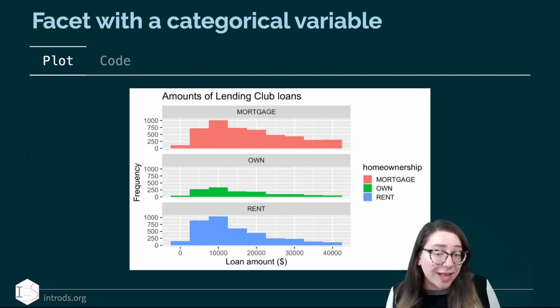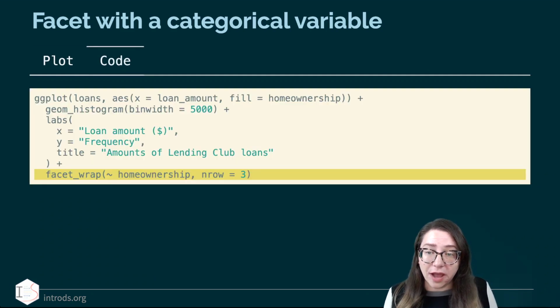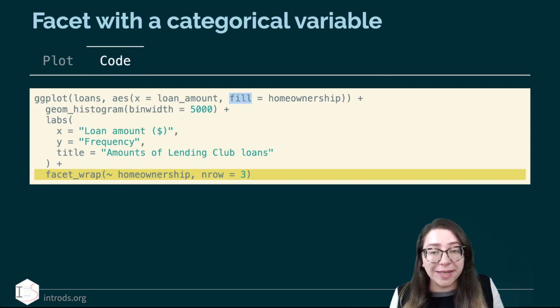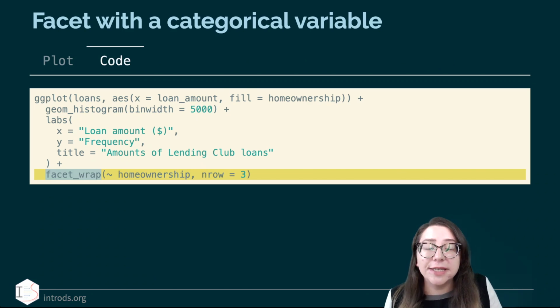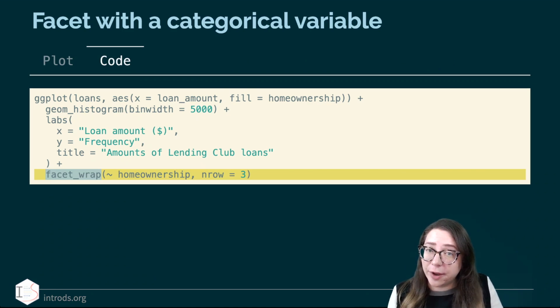I can also facet with a categorical variable. So here I have done the filling in with the colors based on the home ownership level. But instead of changing the alpha level and putting them on top of each other, I've said I'd like to facet. And since I'm using a single variable to facet, I'm going to use the facet_wrap function.